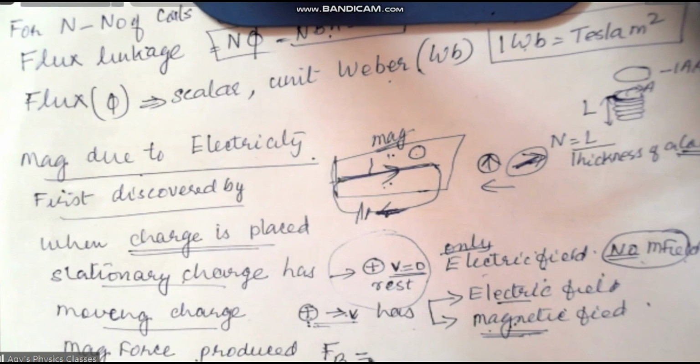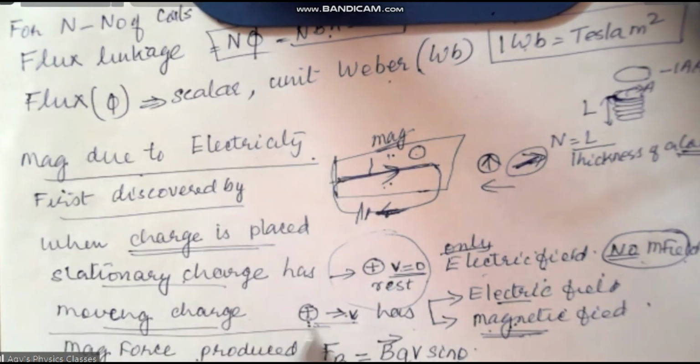This can be calculated as B Q V sine theta. So this is the force produced by a charge when placed in another magnetic field.